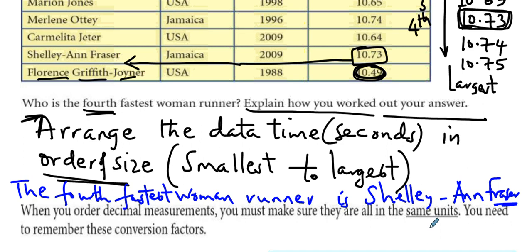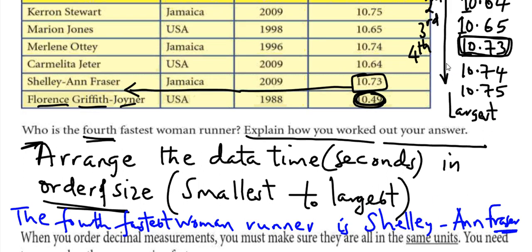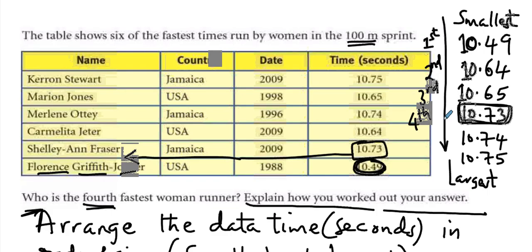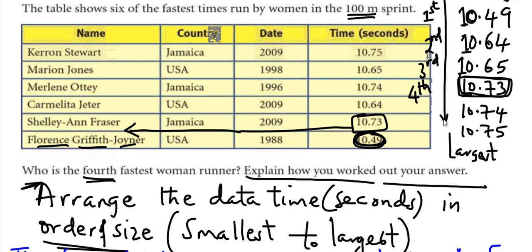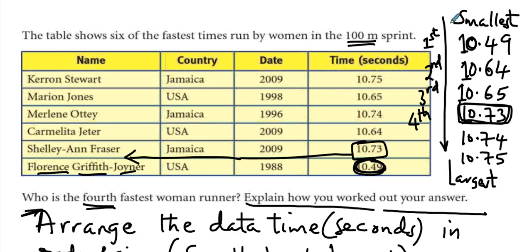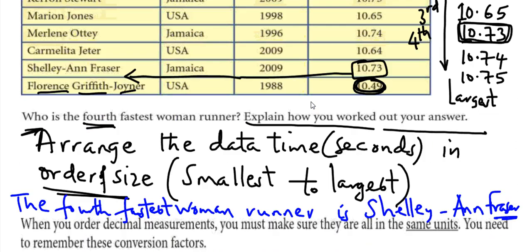See that? Yes, that is the one who took less time in the fourth position. And the idea is the smaller the time taken, the faster the runner is. That is what we can say.